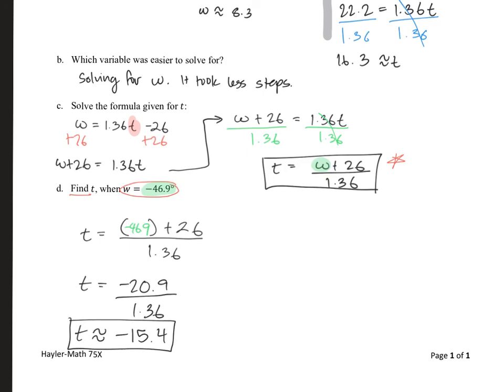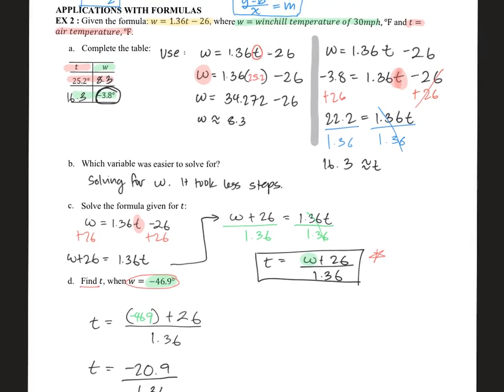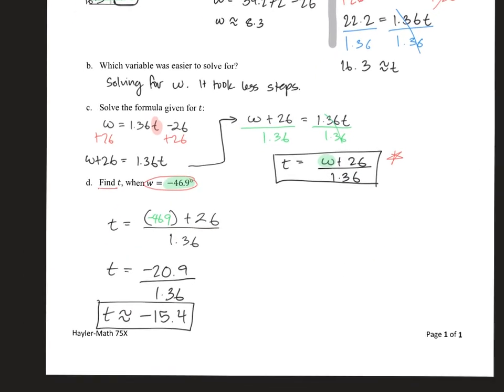Okay. So what does this mean in context of the word problem? Well, W is the wind chill, right here, and T is the air temperature. So what does this mean in our problem?